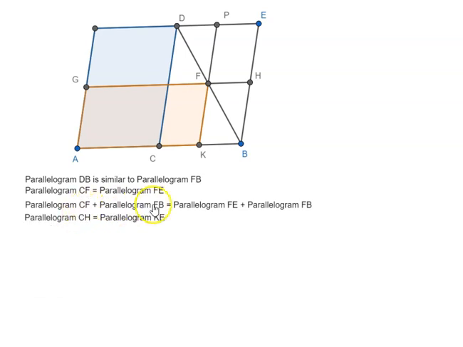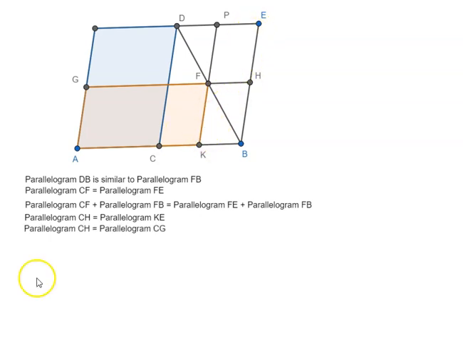Now, parallelogram CF plus parallelogram FB is what? Parallelogram CH. And parallelogram FE plus FB is KE. So that means parallelogram CH is equal to parallelogram KE.